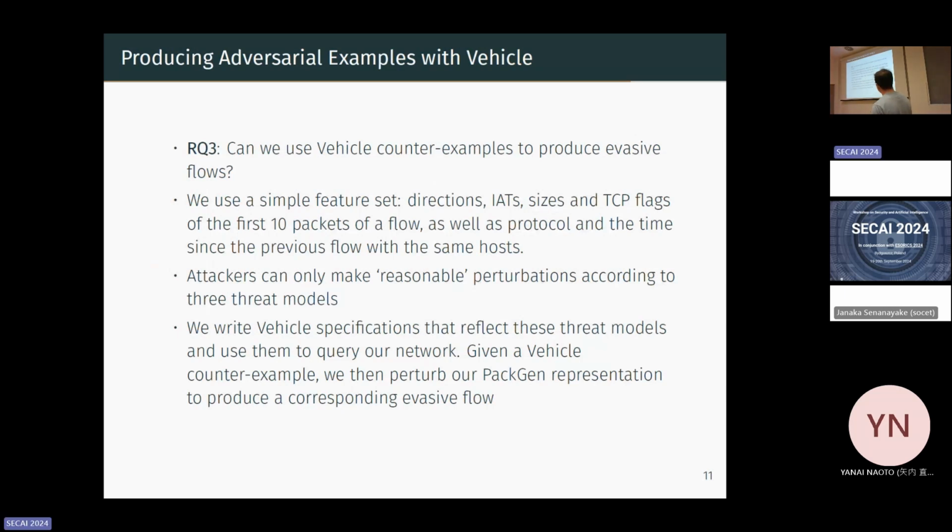So we use input specifications that reflect those threat models and use them to query our network. For any counterexamples, we then use those to manipulate our Markov chains in PackGen and generate a counterexample that's an actual PCAP file, importantly.